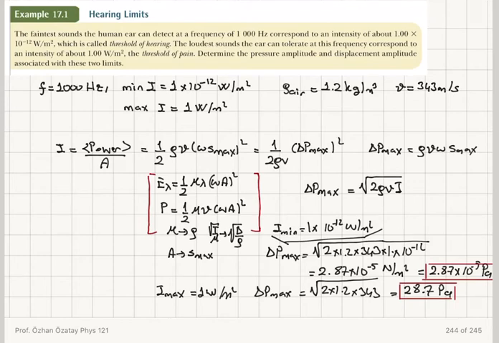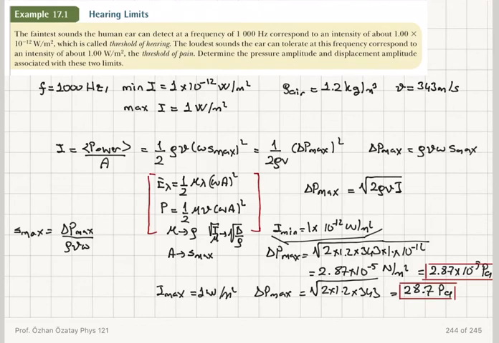Basically, S max is equal to delta P max divided by rho v omega.